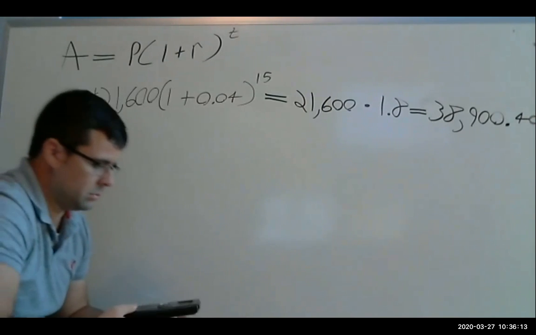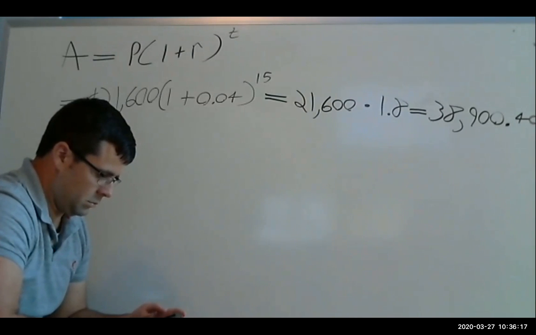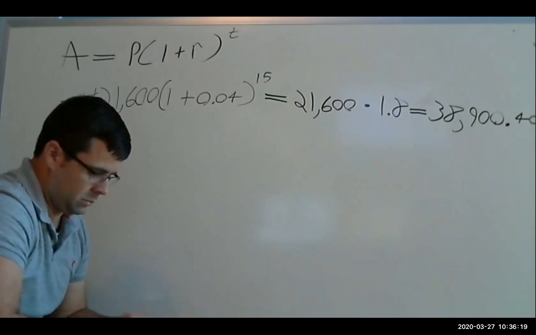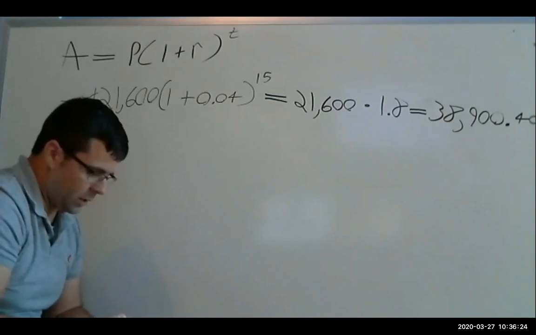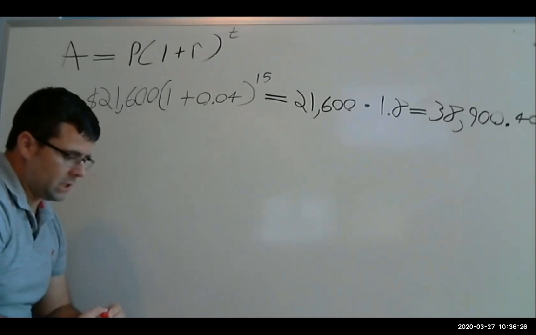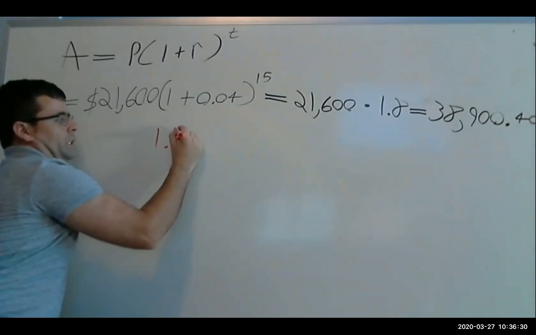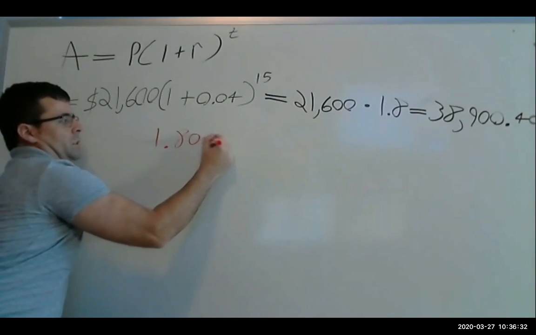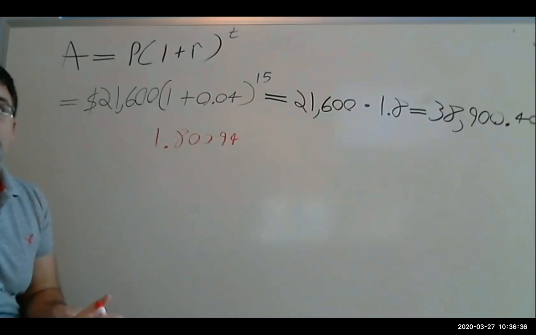I did 1.8 times the 21,600 and got 38,880. If you actually do this, it's 1.80094. Okay. So yeah, I did round.